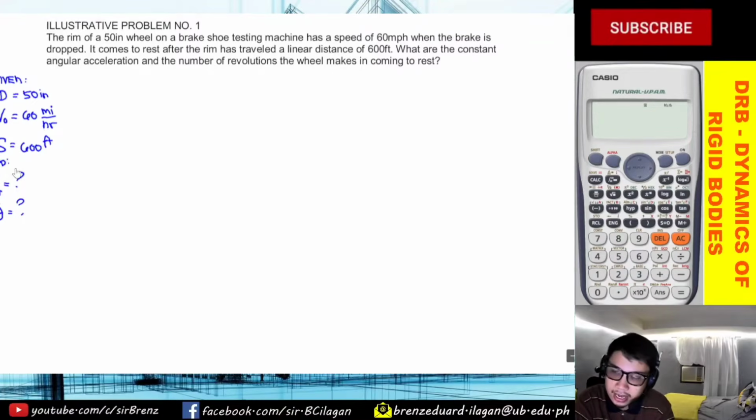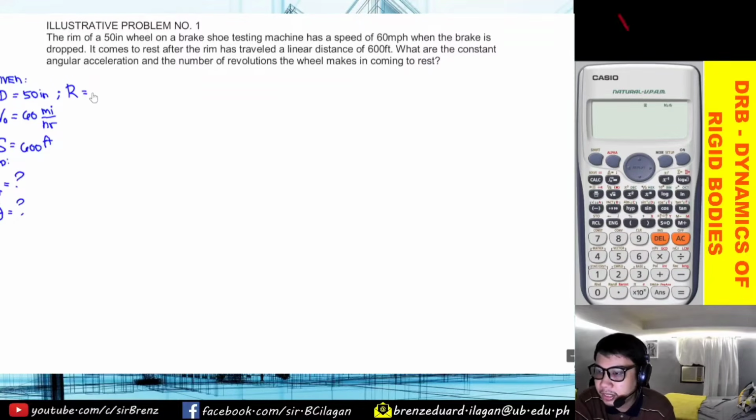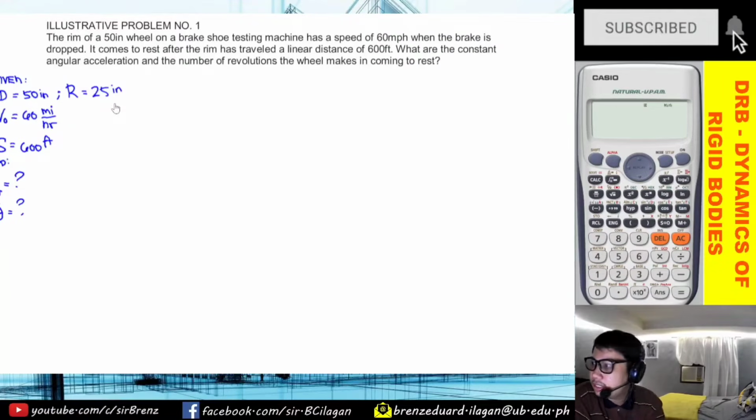First, it's good to make the units uniform. If we're going to solve for r, it's just half of the diameter, so that will be 25 inches. Which unit should we use? Since this is in English units, let's use FPS, feet per second squared.